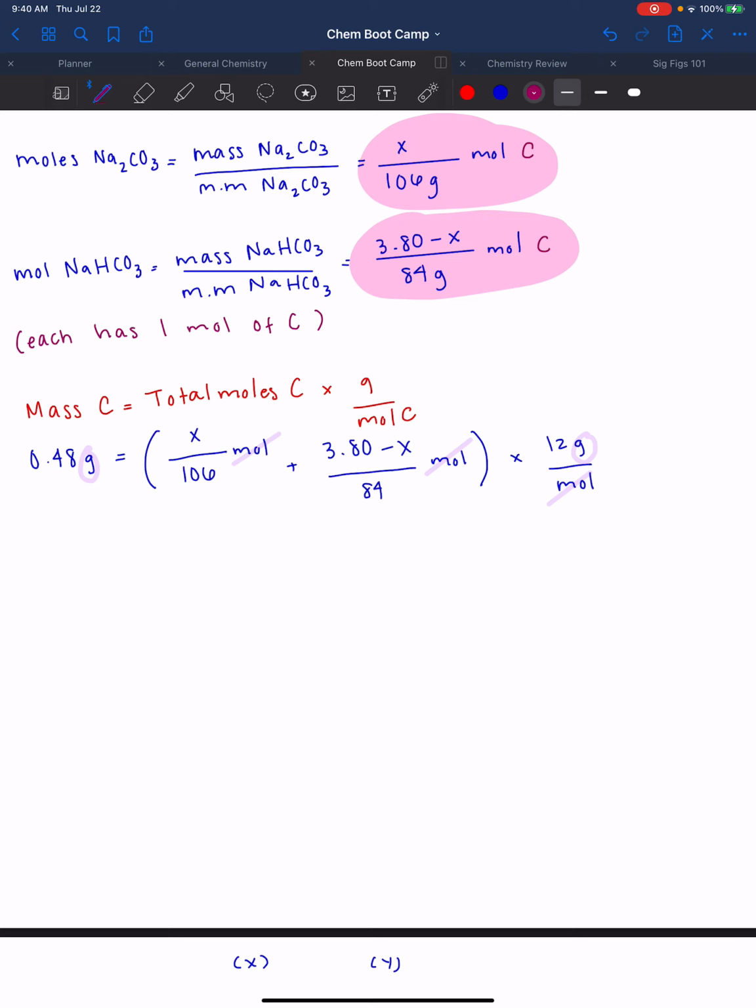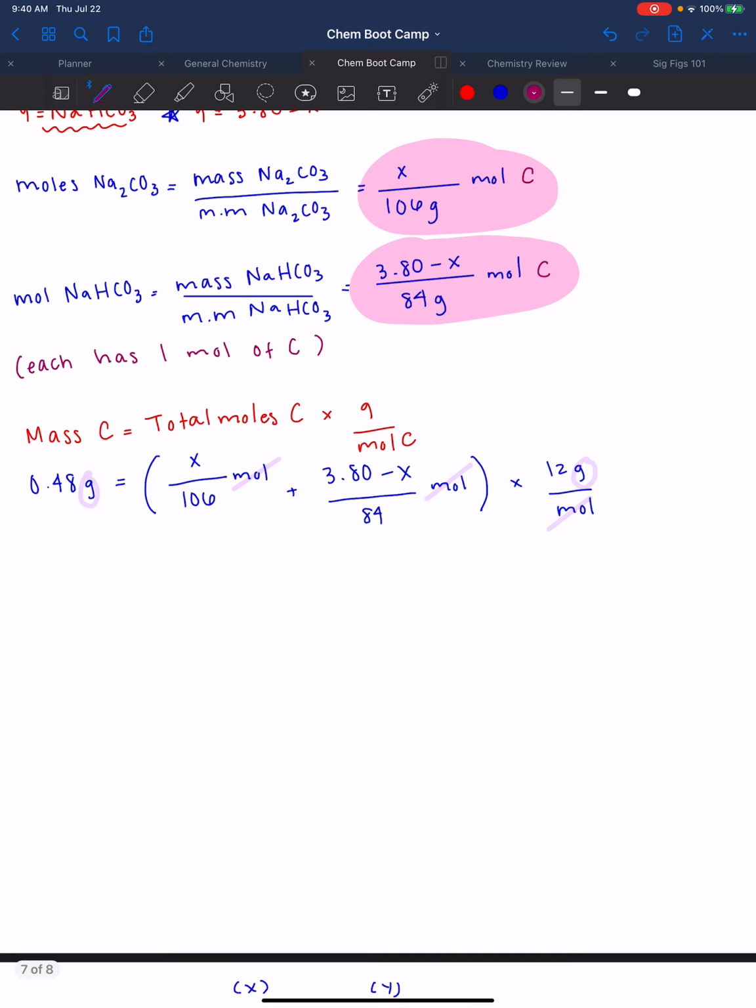I already did this, so I'm going to save myself the trouble of doing it. If you really need help figuring out how to do that, just feel free to come to my office hours. No problem. So we're going to get X equals 2.12 grams.